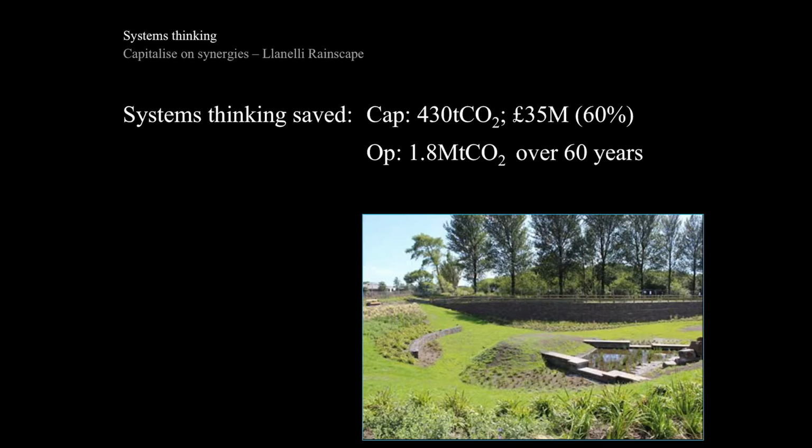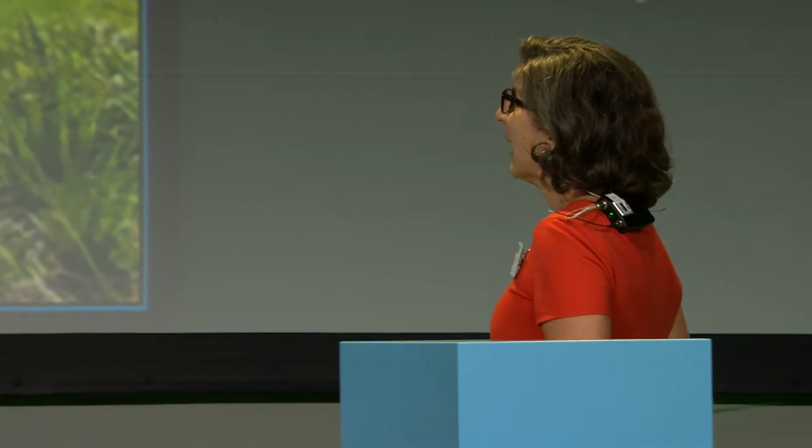As an example of designing by thinking around systems, not just assets, this is an example in South Wales where increased capacity of surface water treatment was required at the end of a large catchment area.